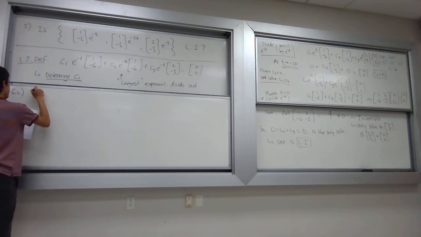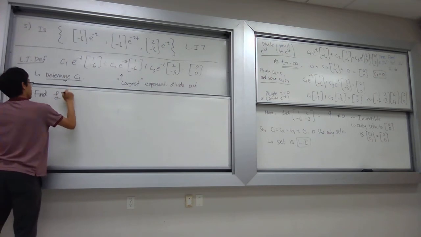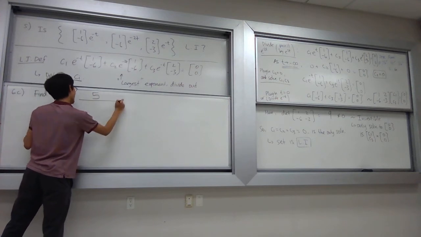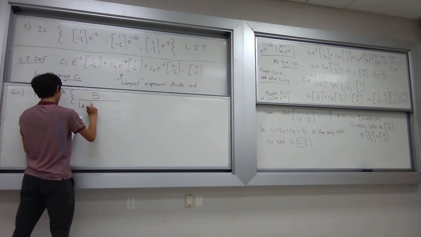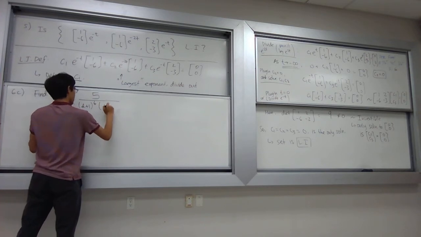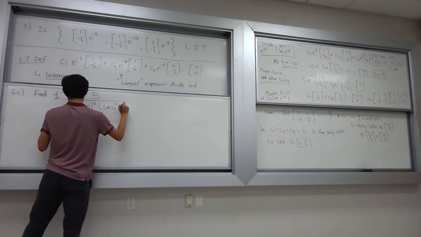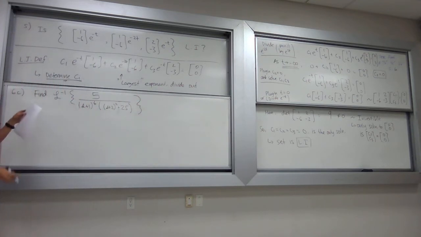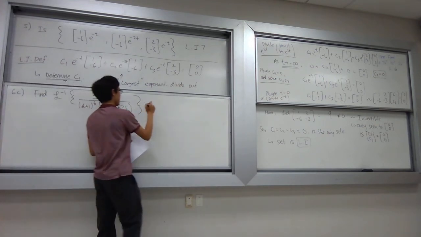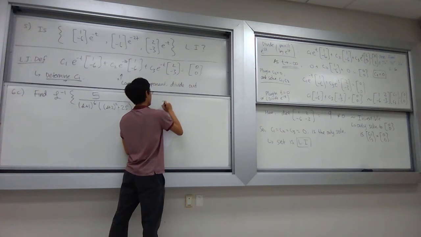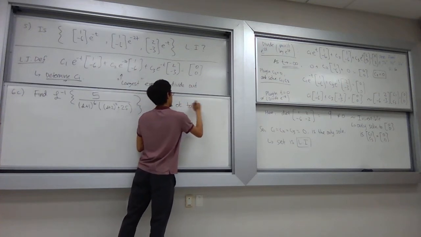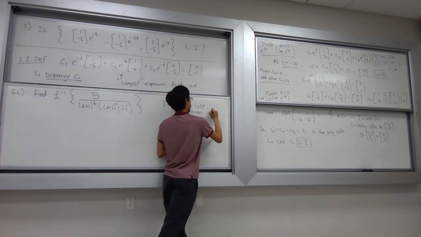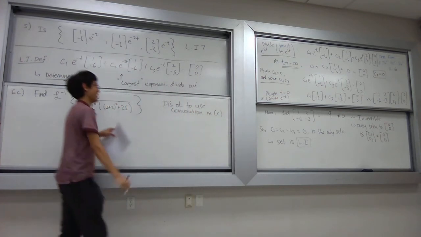Inverse transform of 5 over (s plus 1) to the 6th, times (s plus 2) squared plus 25. And he says specifically, it's okay to leave a convolution.